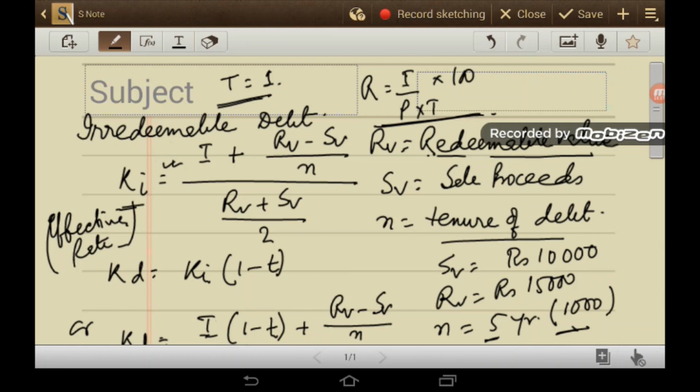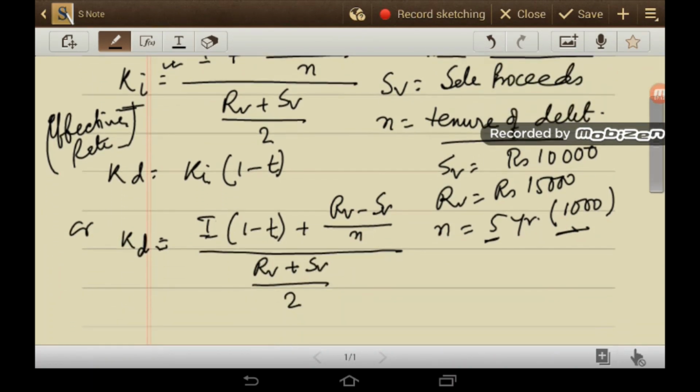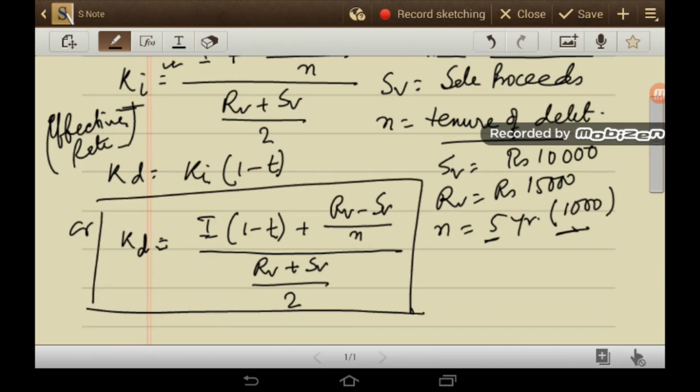So you can easily remember the value of KI if you can remember how to calculate the value of R in case of simple rate of interest. Now this KI can again be calculated like this, because on the excess amount paid at the end of the tenure of the debt, the income tax benefit is not available.